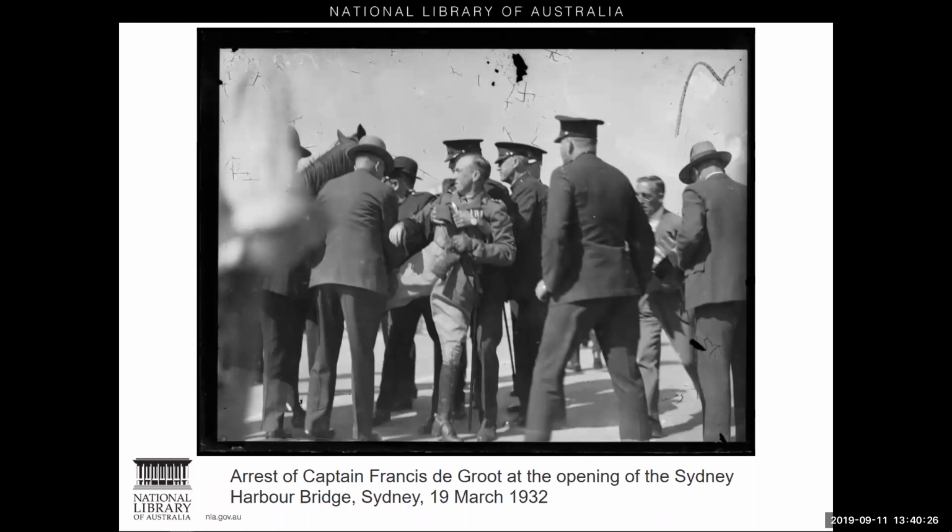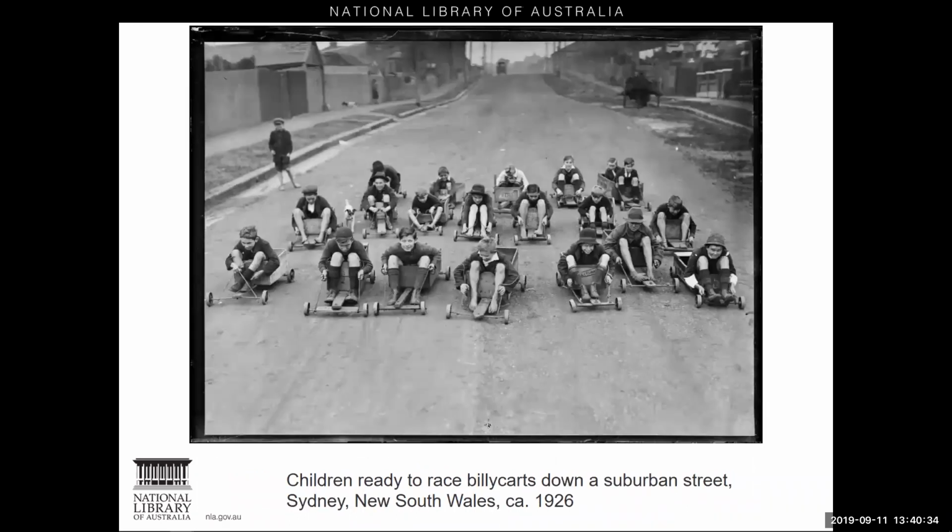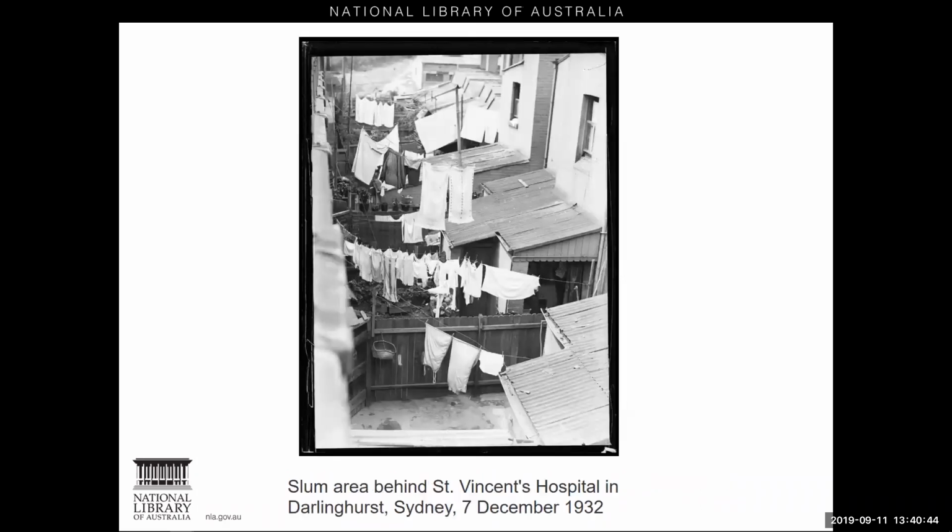This image again was from the opening of the Sydney Harbour Bridge, when Captain Francis de Groot cut the ribbon too early, as well as more rural and everyday life. We have this lovely one of children racing down in billy carts, as well as a look at a more domestic scene in Darlinghurst.